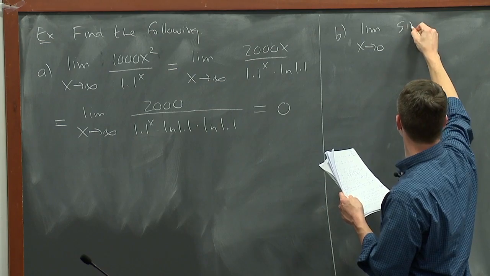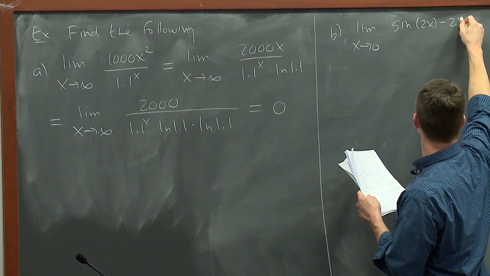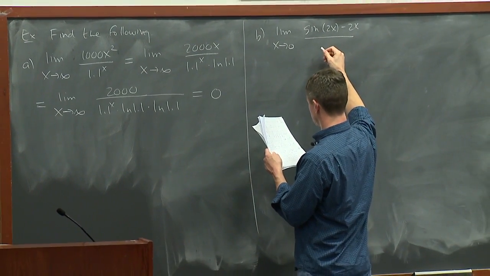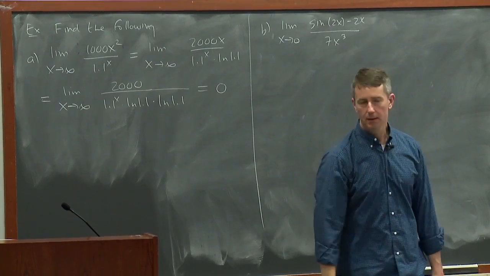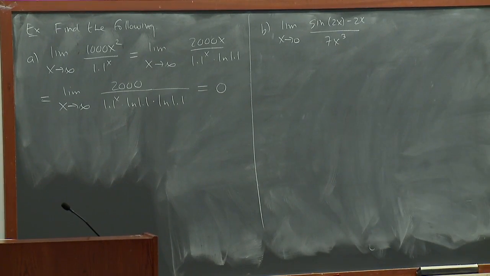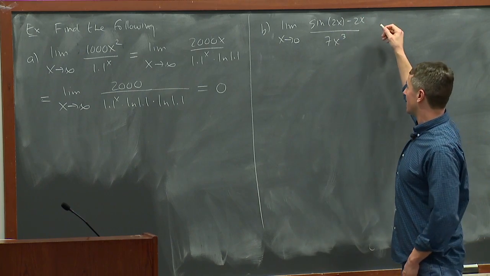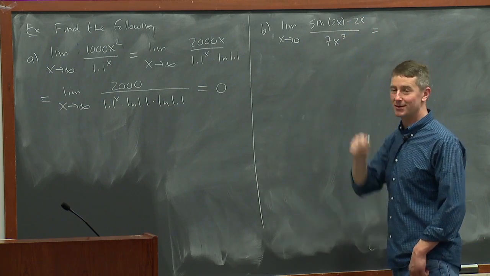How about x goes to 0, sine of 2x minus 2x over 7x cubed. And as usual, if you are not absolutely certain that you know the value of sine of 0, cosine of 0, things like that, please use your calculator. In all cases, sine of 0 is what? 0.